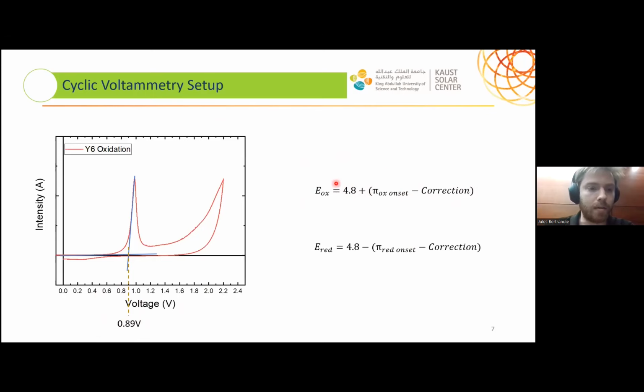With this, we have access to the oxidation energy, which is commonly called HOMO. In the case of the reduction, you do the same determination.